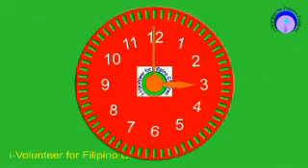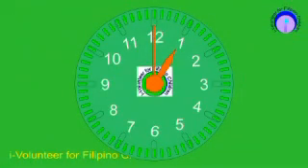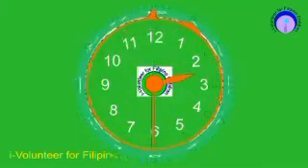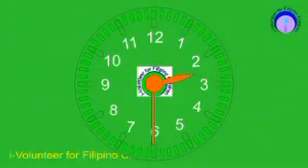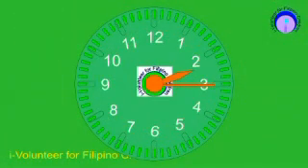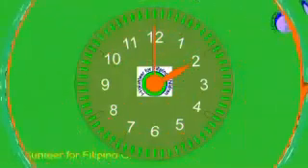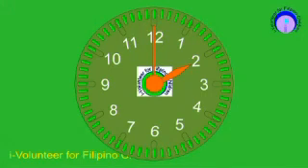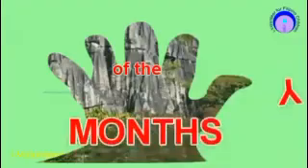The time is 3 o'clock. What time is it? The time is 1 o'clock. What time is it? The time is 2:30. What time is it? The time is 2:15. What time is it? The time is 2 o'clock.